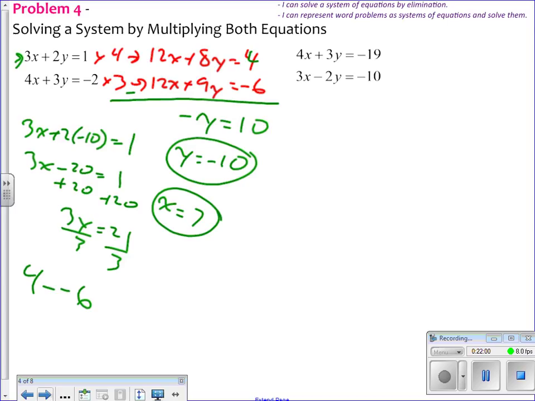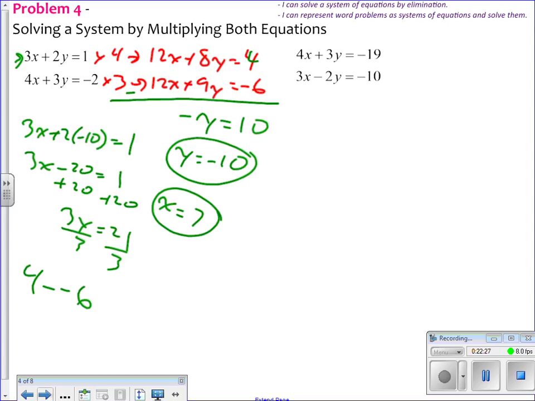But let's say I had, instead of 3 and 4, I had 13 and 14. I don't want to multiply by 13 and 14 if I don't have to. I want to multiply by 2 and 3 instead, because they're easy, right? But one's positive, one's negative. And if I have one that's positive and one that's negative, it makes doing my elimination, my combining, easier.